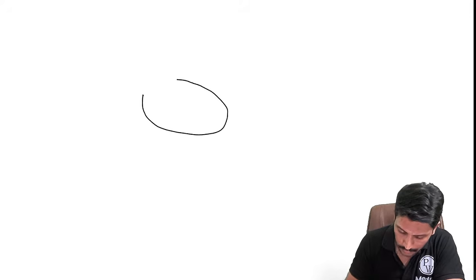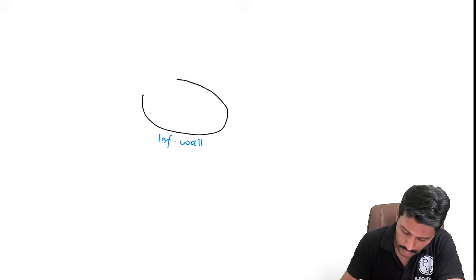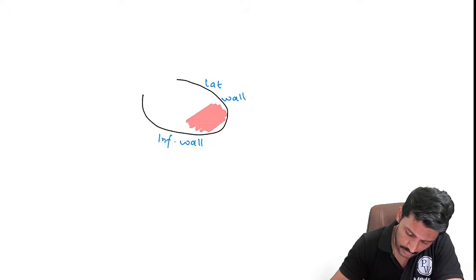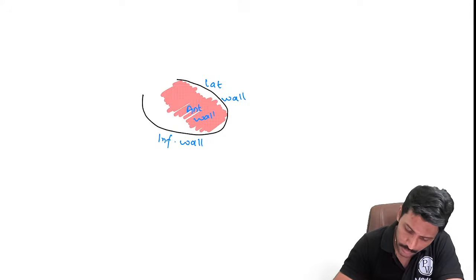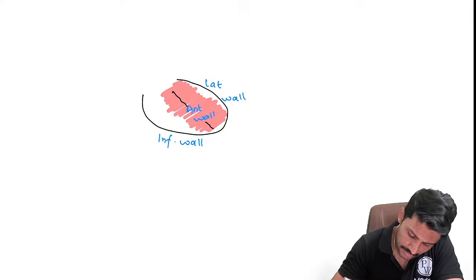This part is the inferior wall, and this part is the lateral wall. What I see on the front is going to be the anterior wall, and somewhere behind the anterior wall you have the interventricular septum.